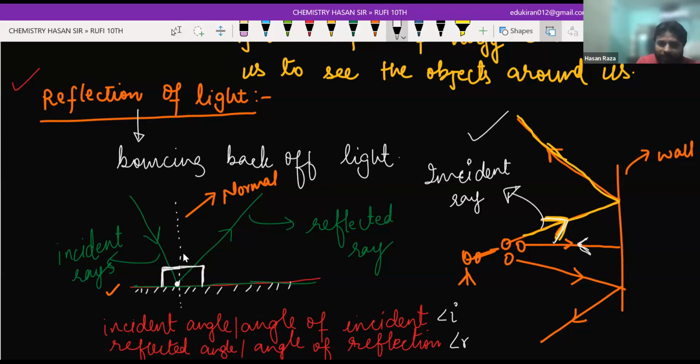Now, what is this angle? Basically, the angle between the normal and the incident ray. You know what an angle is, the vertex where two lines meet. We calculate the angle.